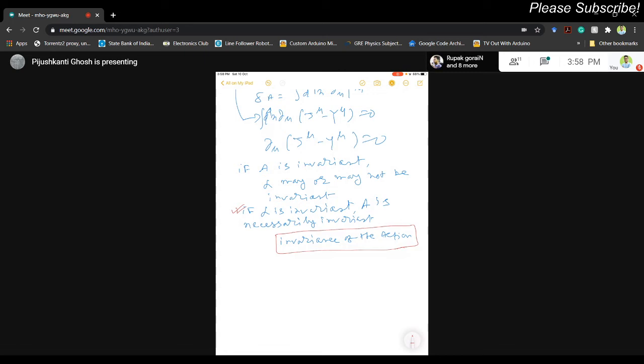If the Lagrangian density is invariant up to a total derivative term, then you know that the corresponding action is going to be invariant. Okay, so you prove the invariance of the action. So again, I repeat that when you talk about invariance, we talk about the invariance of action, not the Lagrangian density. Lagrangian density may or may not be invariant, but the action should be invariant.